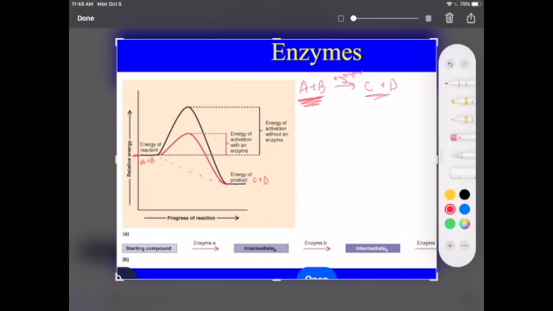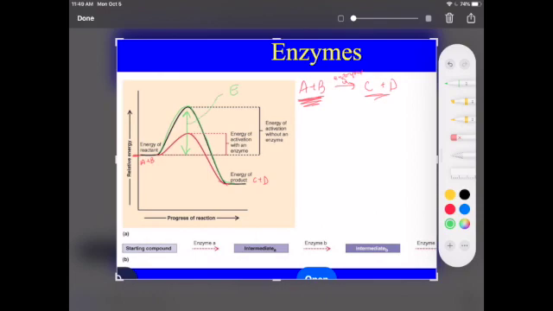What the actual energy graph looks like, and let me get rid of that, is, I'll put it in green, way up here. So this whole burst of energy needs to go into this chemical reaction to have it happen in the first place.